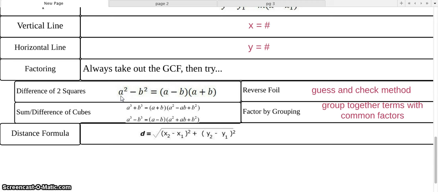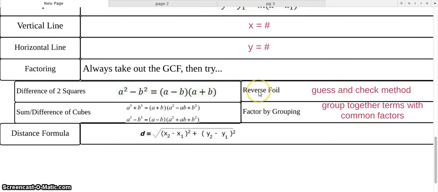So if that was like 81a squared minus 9b squared, then you would do 9a minus b and 9a plus 3b. Sorry, that would have to be a 3. We'll go over that again later, so don't freak out if I'm going too fast, which I completely understand that I am, but I wanted you to get these notes down so that we can use them this semester.